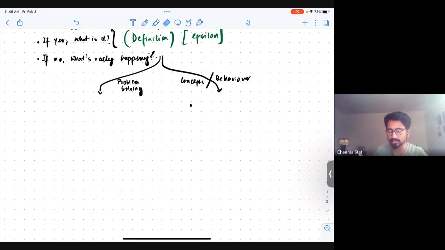So essentially, it's understanding the theoretical aspect of why a sequence converges. Something called the monotone convergence theorem: if a sequence is monotonic, increasing or decreasing, and it's bounded, then it should converge.